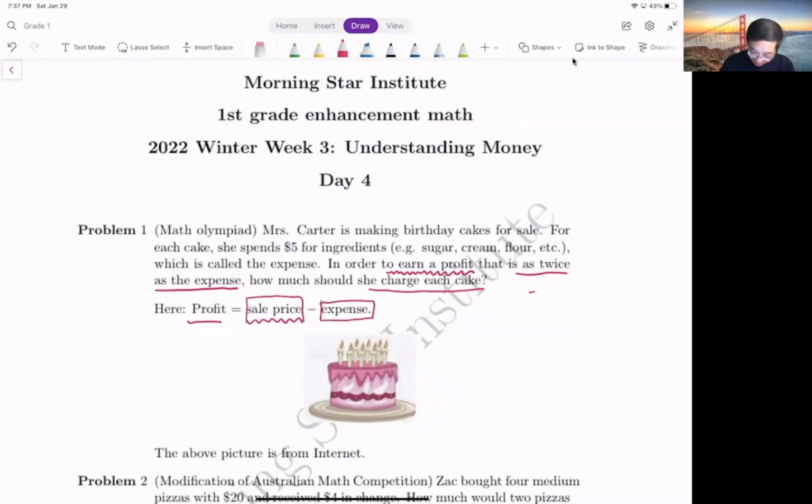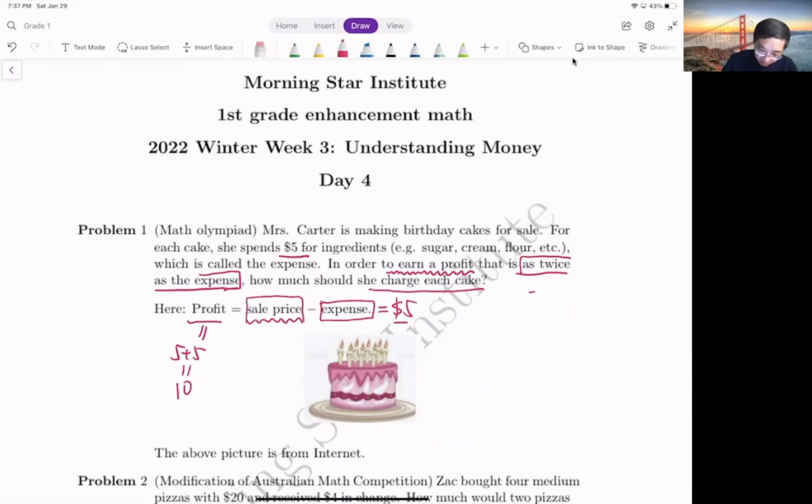Okay, now what's the expense? The expense we already know is $5, which is given. And the profit goal is twice the expense. Twice 5 will be 5 plus 5, that is 10. So her goal is to make a profit of $10, right?